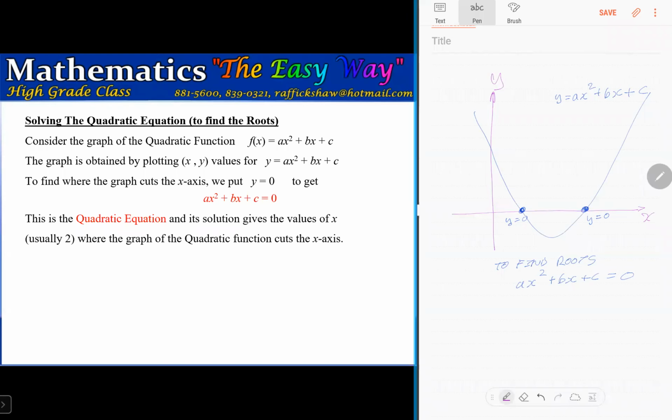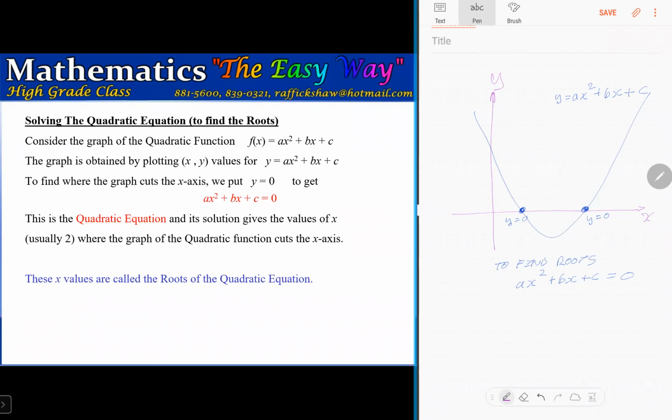Those points are also called the x-axis intercepts. All right. So when you solve the quadratic equation, you're getting the x values where the graph intersects, cuts, the x-axis. These values are called the roots of the quadratic equation. When you solve a quadratic equation, you're getting the roots. They're also sometimes called the roots of the quadratic function.